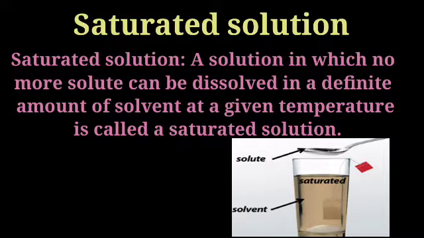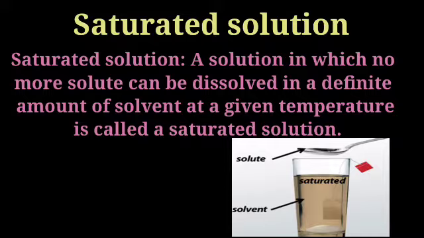When you try to dissolve more solute in it, you can see that the solute starts settling down at the bottom of the container. In the figure, it is very clear. A small amount of sugar and salt gets settled down at the bottom of the container. Why is it happening? Because further solute cannot be dissolved.